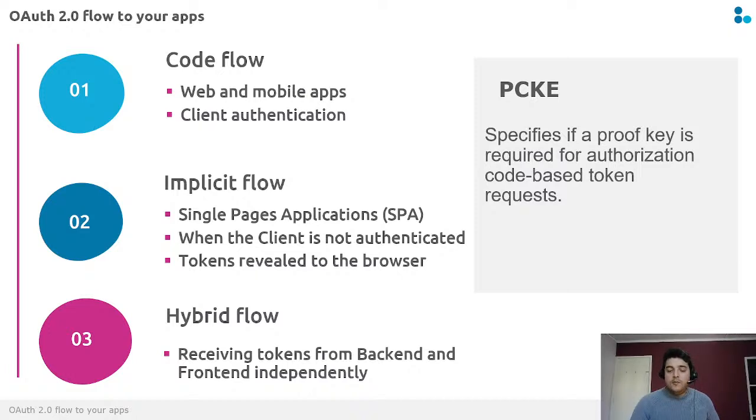It's useful if, for example, someone catches your JWT, the token that has a lot of permissions and scopes, and this person is not able to use the same JWT again because they don't have the proof key.